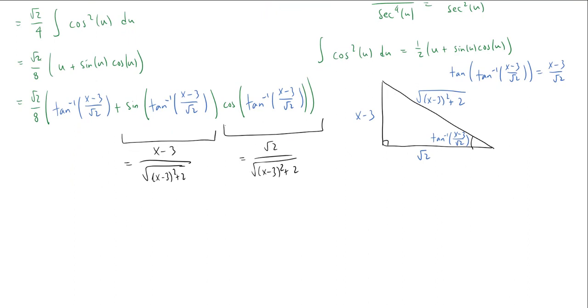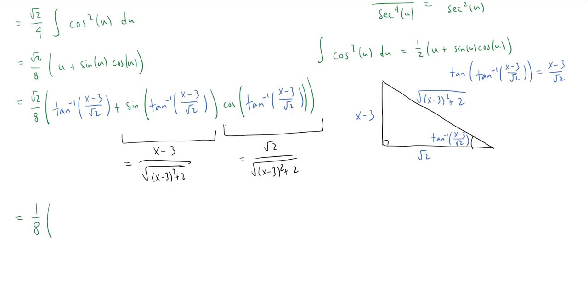Let's see, what would I like to do? Well, I notice these in the bottom are going to combine. That's really nice. Look at this. There's a root 2 here that's going to get multiplied by x minus 3, and there's a root 2 outside. If I put that inside, then I'm going to get a 2. That feels pretty good. So let me leave the 1/8 outside.